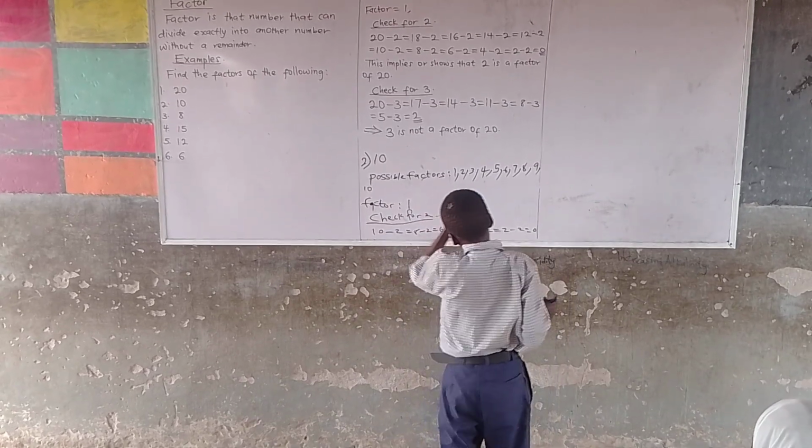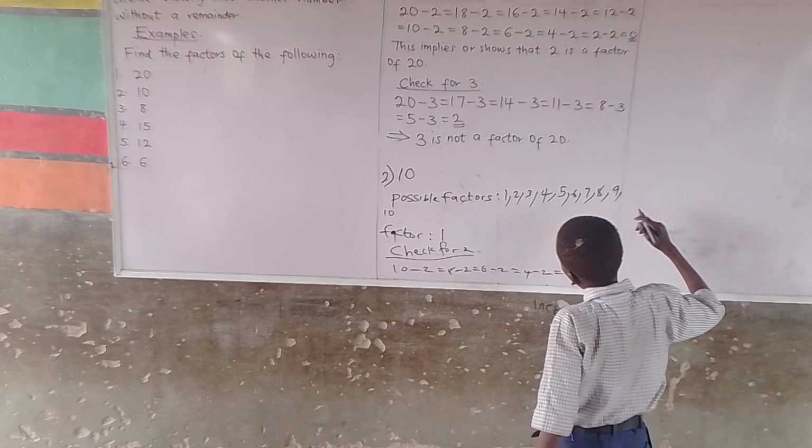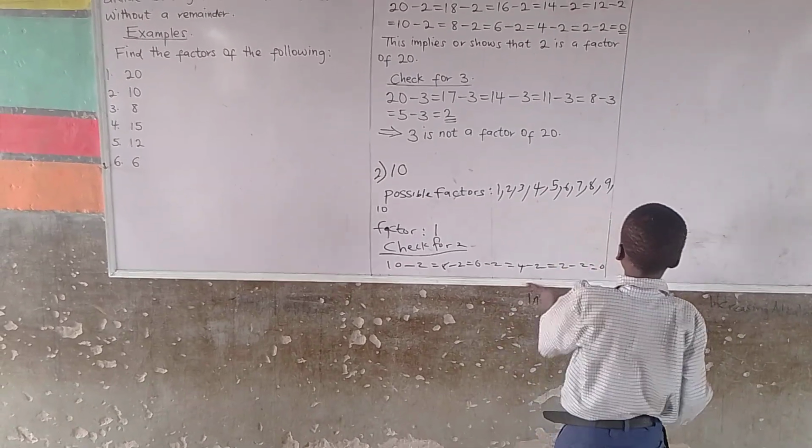So when we minus this number, it gives us 0. So this implies that 2 is a factor of 10.